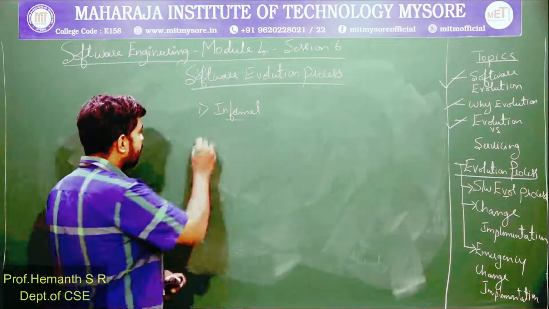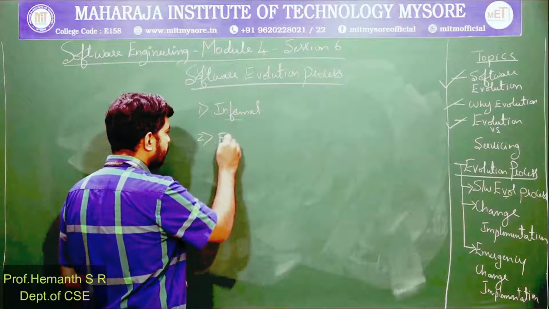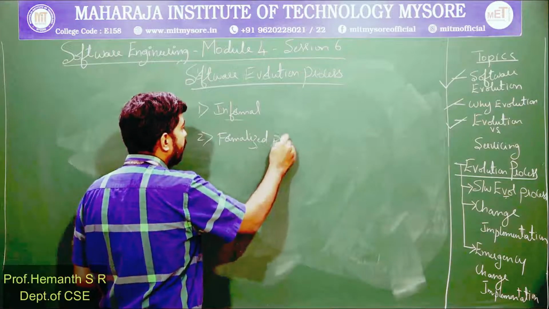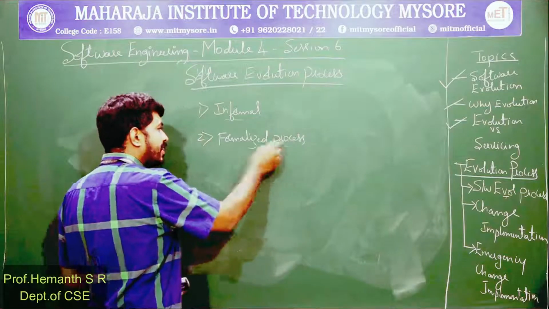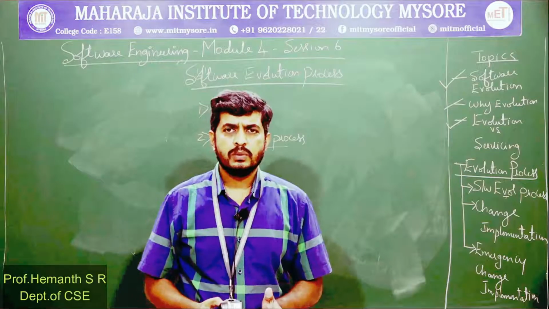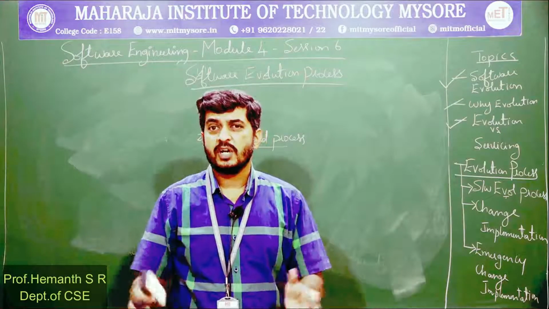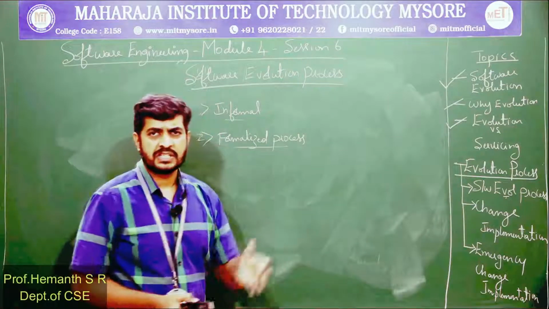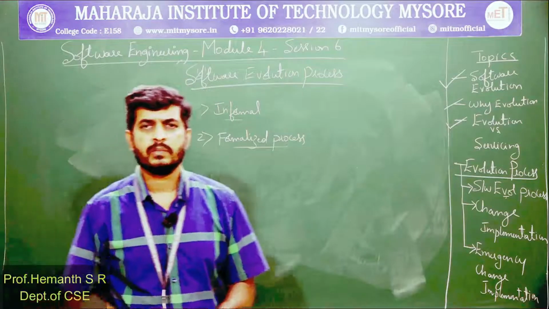Okay. Next, it may be a formalized process. So in formalized process, the client will inform about the change using structured documents and templates. Okay, so it is not like a casual discussion with the software company.